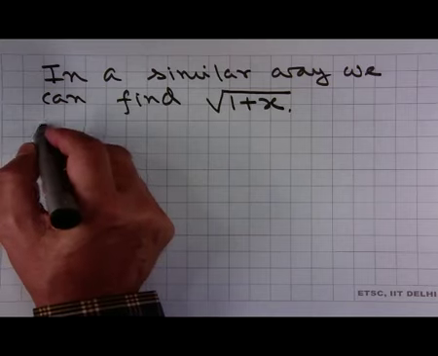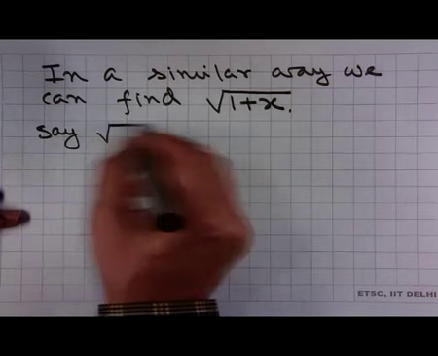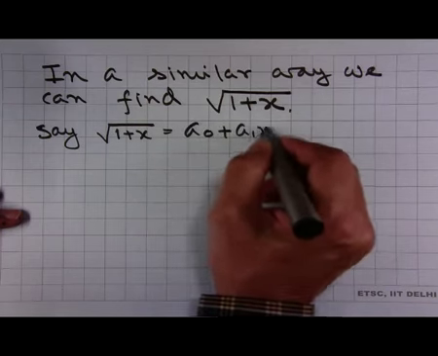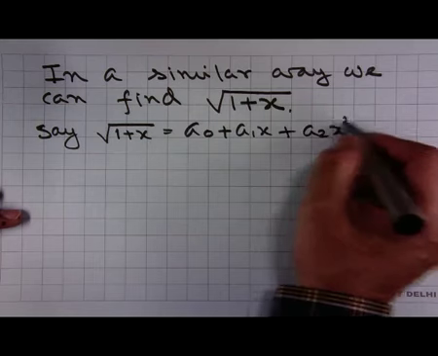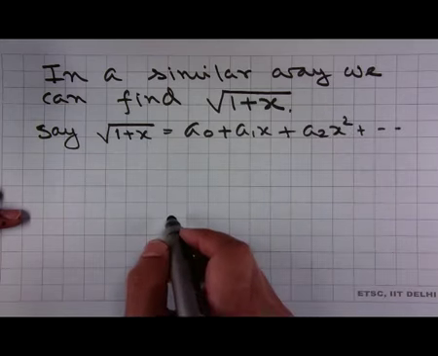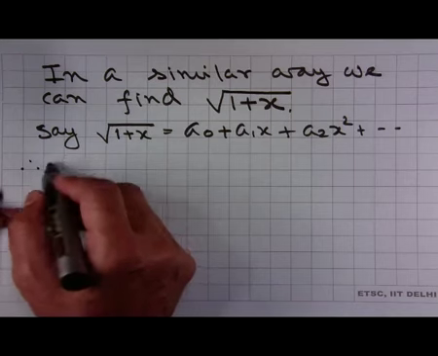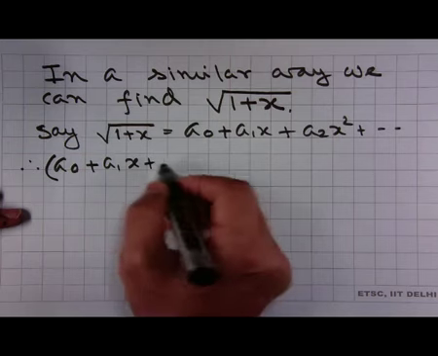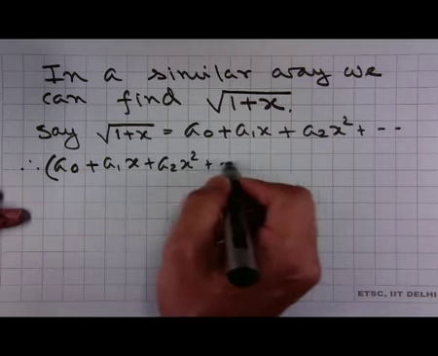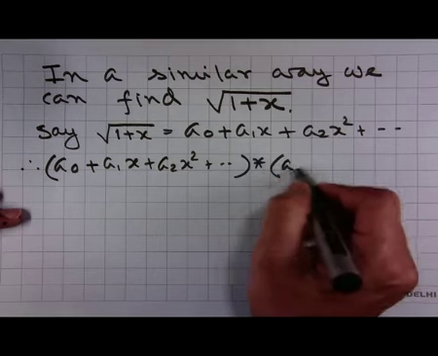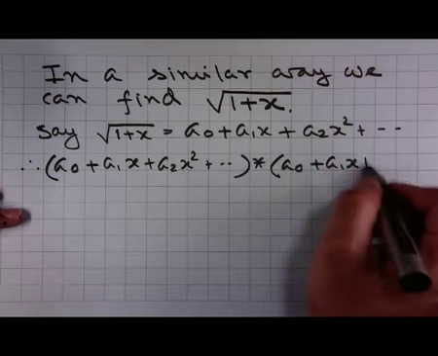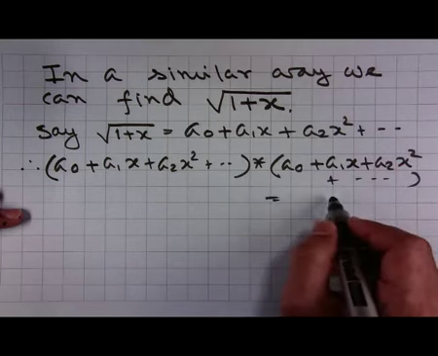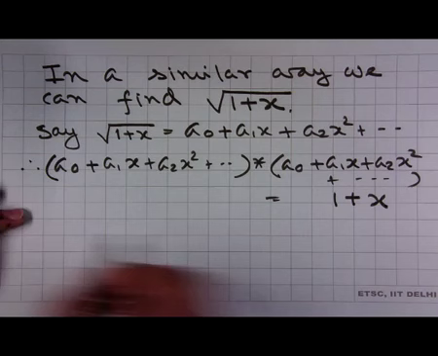Say root over 1 plus x is equal to a0 plus a1 x plus a2 x square, etc. Therefore, in a similar way we can write that (a0 plus a1 x plus a2 x square plus ...) into (a0 plus a1 x plus a2 x square plus ...) is equal to 1 plus x.